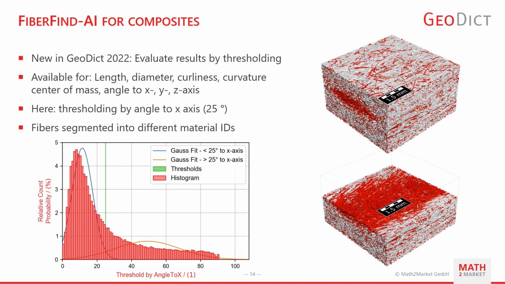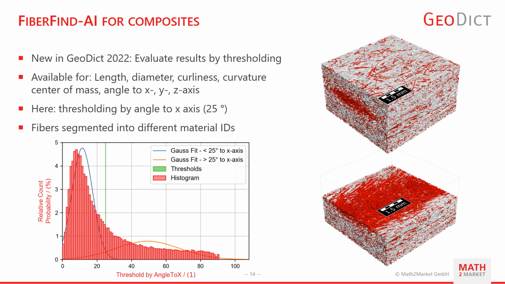And as you can see in the diagram at the bottom, we have this very high peak to the left, that is, let's call it, the normal orientation of the fibers. And then we have a kind of tail going all the way up to 90-degree angle to the x-axis.